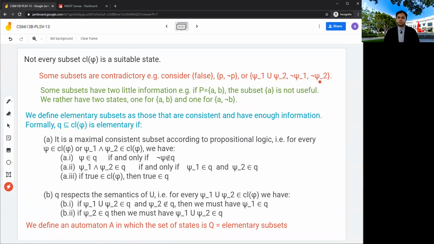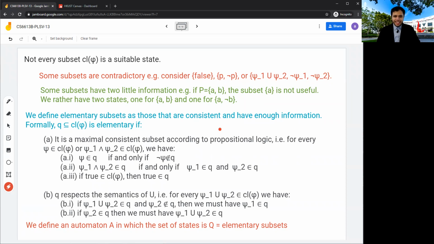There's no such suffix, right? Because it should either satisfy psi2 right now, or if it doesn't satisfy psi2, then it should satisfy psi1 until at some point we get to psi2. So there are some subsets that are contradictory, and we can just get rid of those. We don't need any states for those, because there is nothing that we can accept using those.